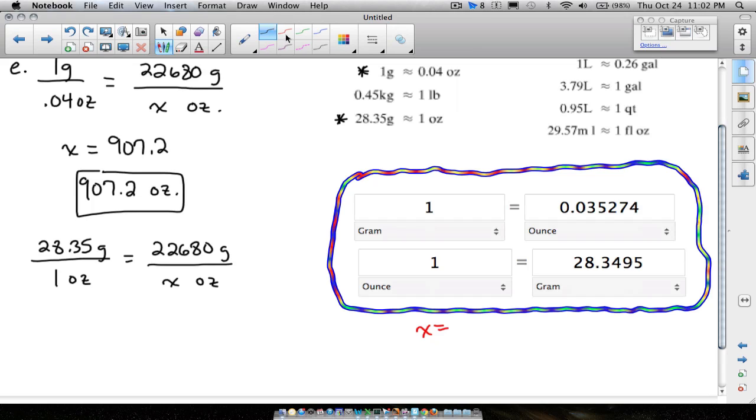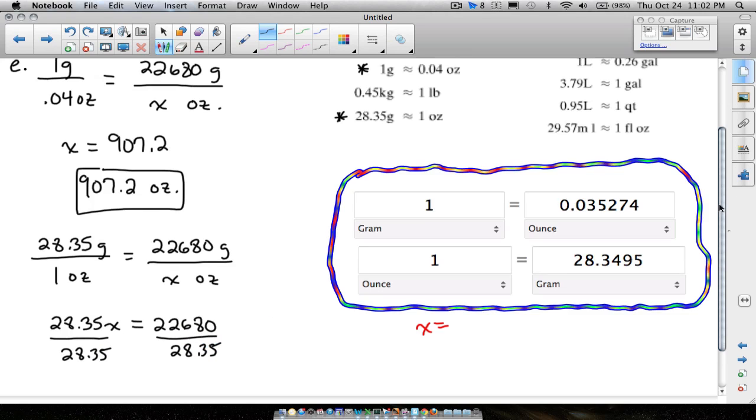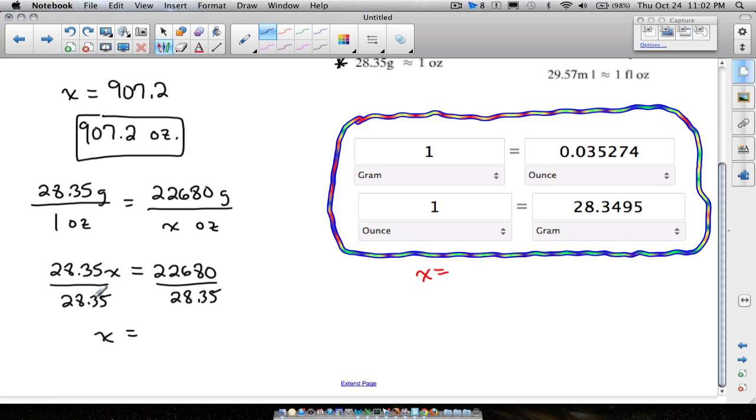So let's cross multiply. 28.35x is equal to 1 times 22,680, which is 22,680. So therefore for this problem we need to divide by 28.35. And when we do that, we get x is equal to, because the 28.35's cancel, 22,680 divided by 28.35, we get 800.